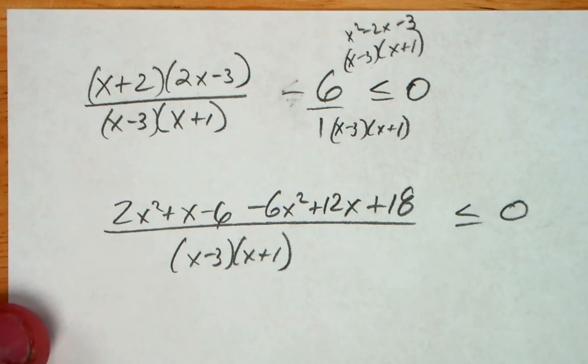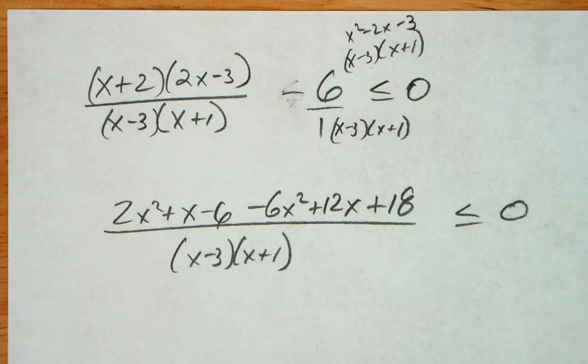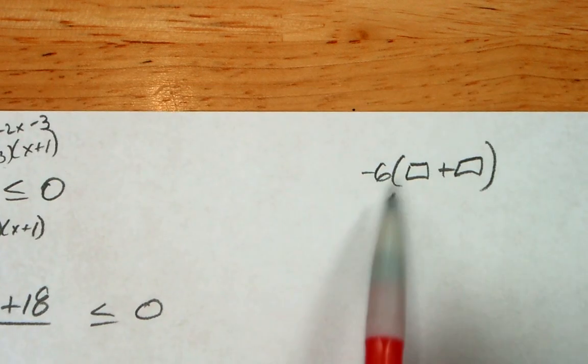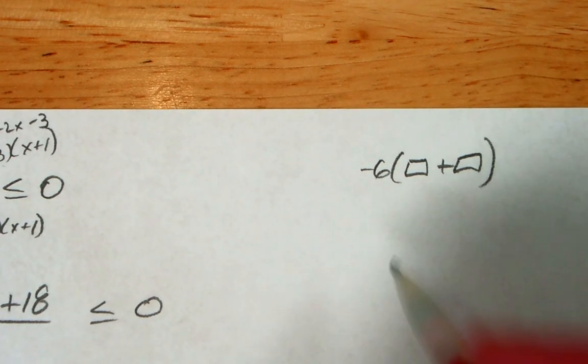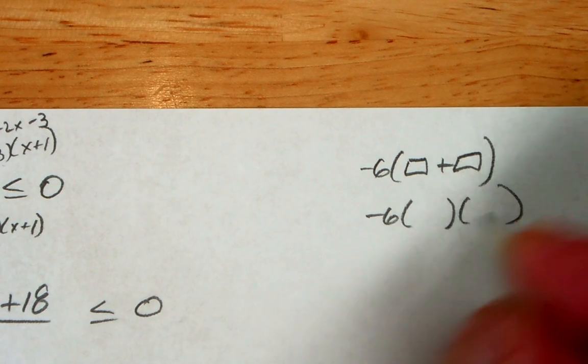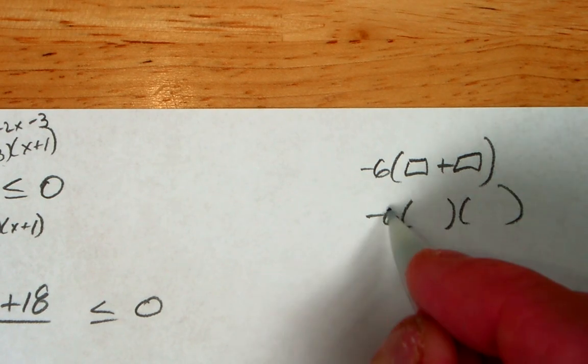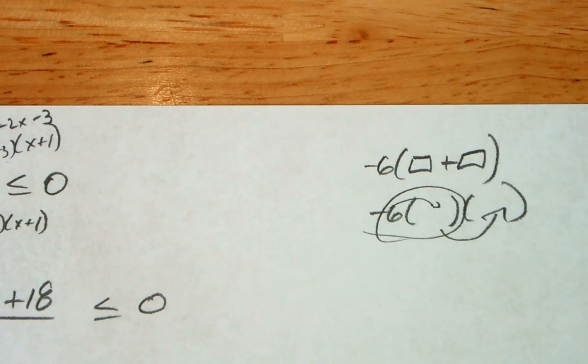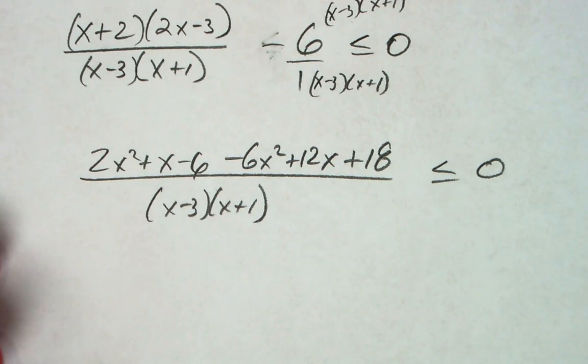So if you just do negative 6 times x minus 3, not both of them, just one of them. The reason is because if I had something like blob plus blob, then I would distribute. But if it's negative 6 times this, if I just multiply that to the first one, when I multiply this to the second one, it'll work out. Or you can FOIL it and then multiply everything by negative 6. Great questions.